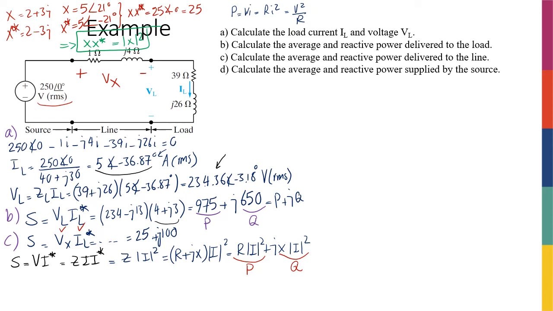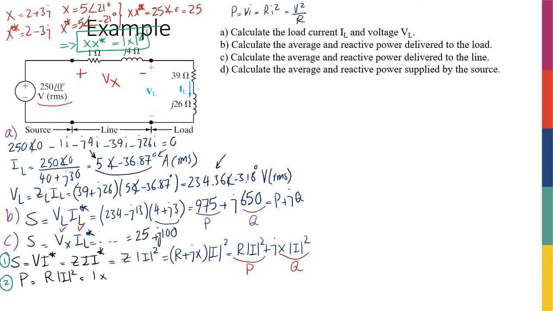So now going back to the example for part C, method 1 was this. Method 2 would be, let me use a different color, P is equal to R I squared. So R is 1, times the magnitude of I, which is this 5 here.